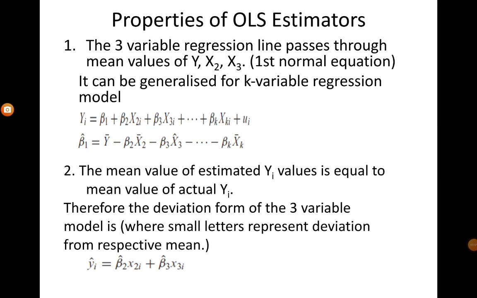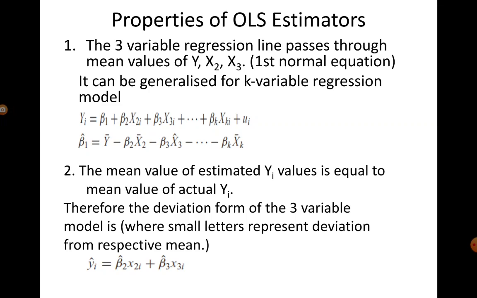In the last lecture, we began with extending our simple two-variable regression model to a multiple regression model. As an example, we took the simplest possible case, which is a three-variable model. Our three variables are y, which is the dependent variable, and two independent variables x2 and x3.